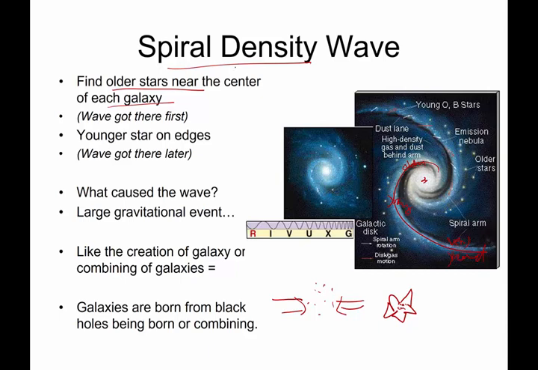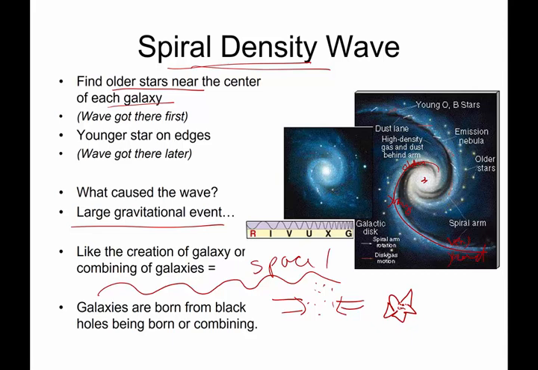So what caused these large explosions or spiral density waves? Well, it's got to be a huge gravitational event, something that caused gravity to change quickly. And that would be a gravity wave, a wave like water waves on a pond, but a wrinkle or wave through the fabric of space-time caused by something huge happening.